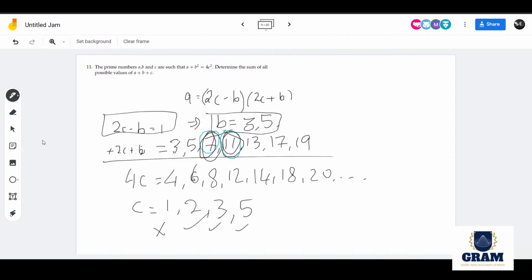Yeah, so A equals 7 and 11 also works. So now you could just add the two values and check.